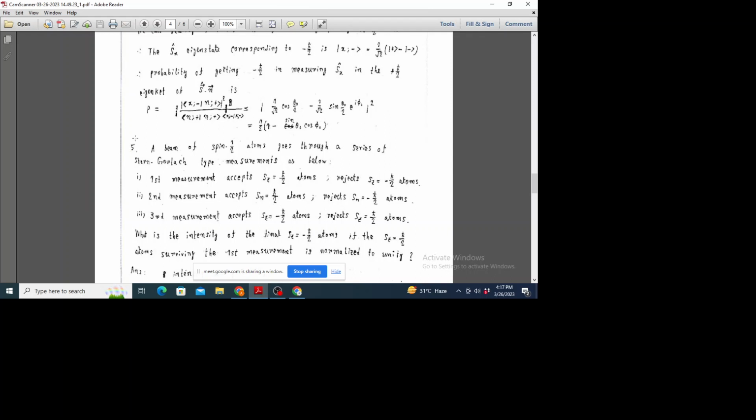So the problem statement is this. A beam of spin-up atoms goes through a series of Stern-Gerlach type measurements as below. So it will go through 3 steps in this scenario.